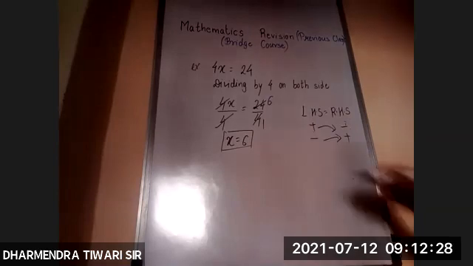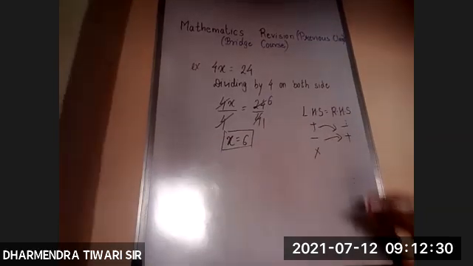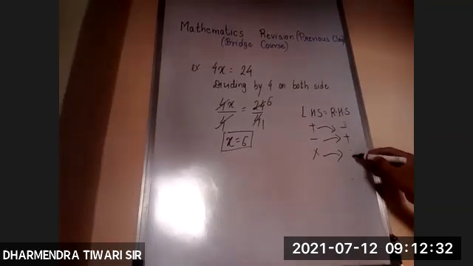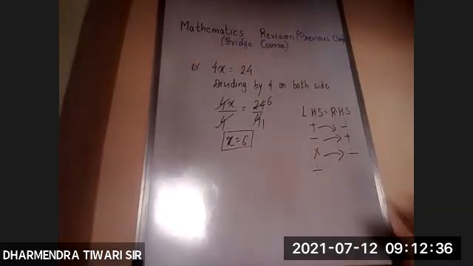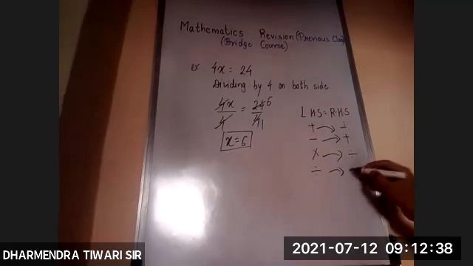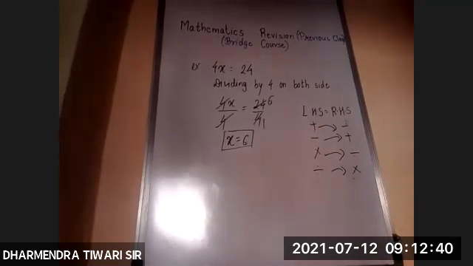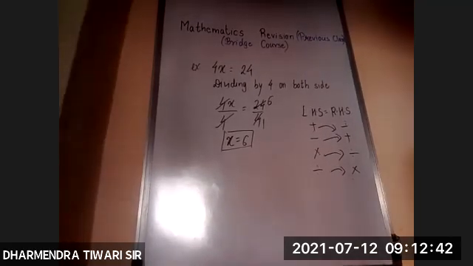Any number on the left hand side in the form of multiplication, taking to the right hand side will take the form of division. Any number in the form of division on the left hand side, taking to the right hand side will take the form of multiplication. Very important. Remember this. Once you are thorough with this, you can easily solve problems on this.